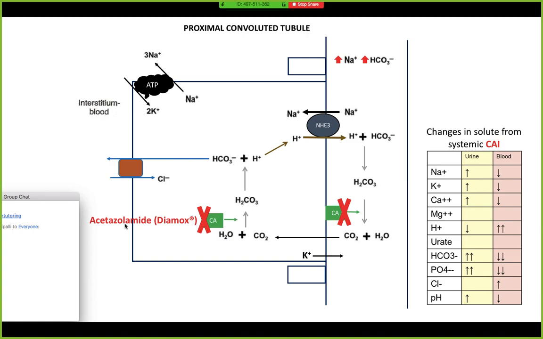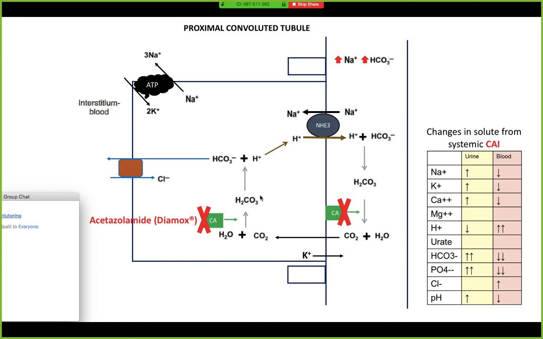Okay, so with acetazolamide, where this drug is working is at carbonic anhydrase. So acetazolamide is known as a carbonic anhydrase inhibitor. With normal physiology, you have carbon dioxide that's reabsorbed from the tubular lumen, and that's going to combine with water to form carbonic acid.